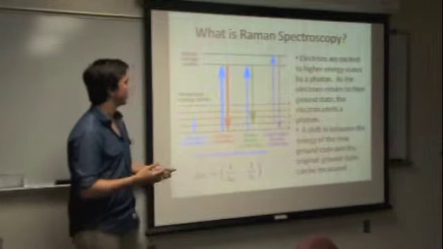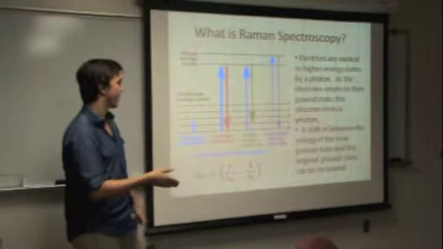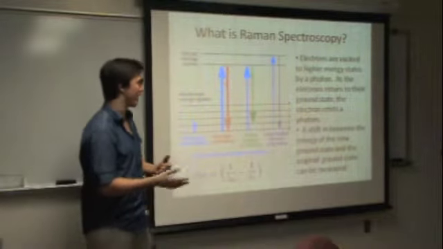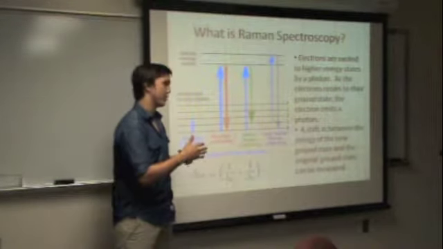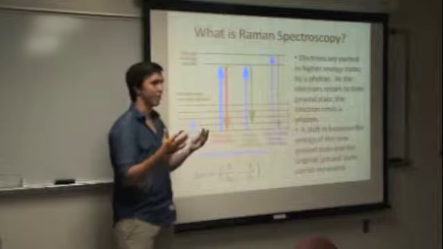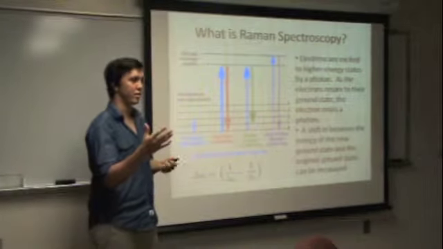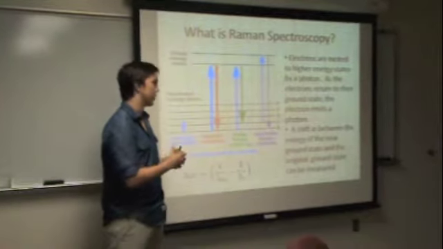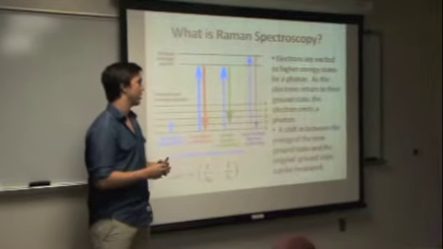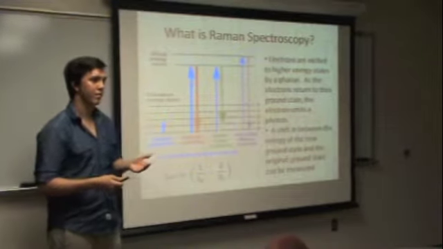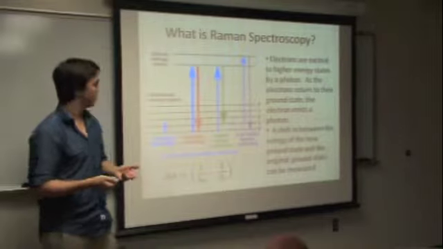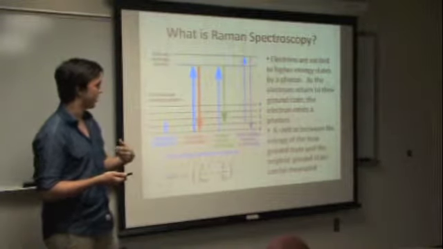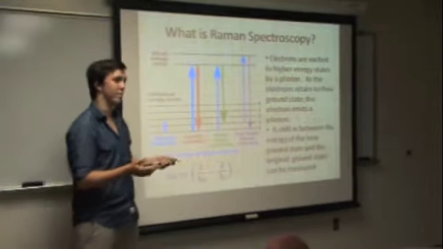In Raman spectroscopy, a laser is pointed at a sample, and it absorbs energy, and the electron is boosted to another energy level. When the electron comes back down, it also shoots off a photon, and that photon is at a different frequency, and therefore different energy, than the original photon that was accepted into the electron cloud. And this shift can be measured.